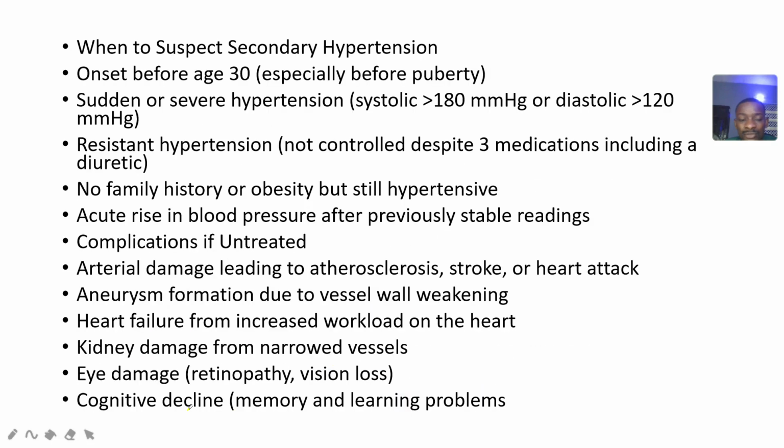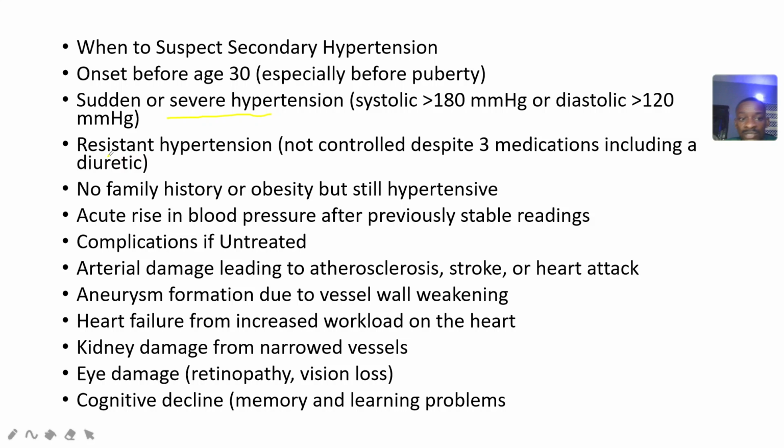So when should you actually suspect secondary hypertension in a patient? If this patient is young and is having hypertension, because hypertension is known to be a disease of older people. Or if this patient has no history of hypertension before, but it's just coming all of a sudden.